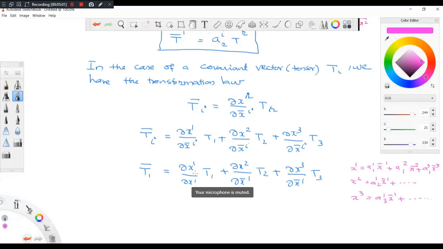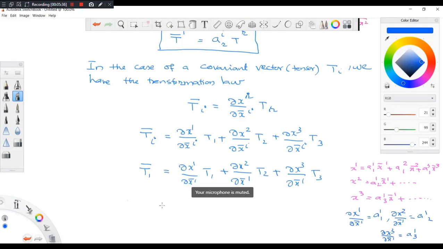Now I want to substitute for this quantity. This is x bar 1. What is del x1 by del x bar 1? A11. Okay, similarly del x2 by del x bar 1 is equal to A12, you get it from here, and del x3 by del x bar 1 is A13.